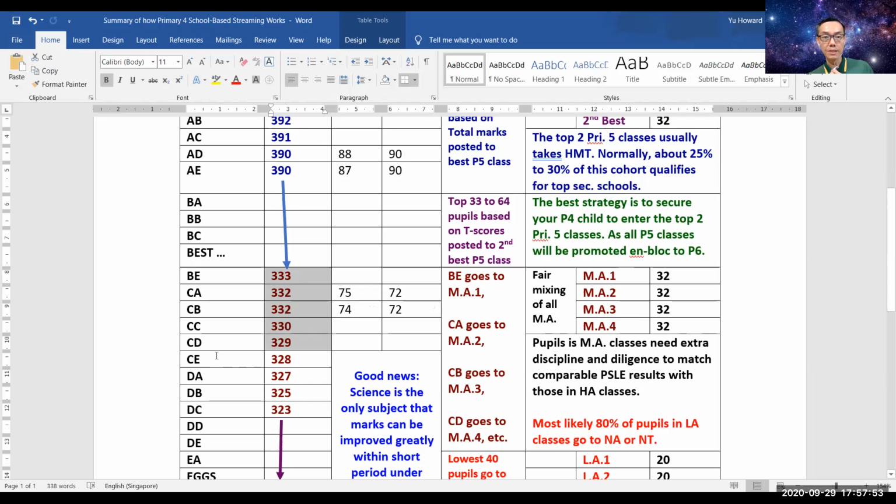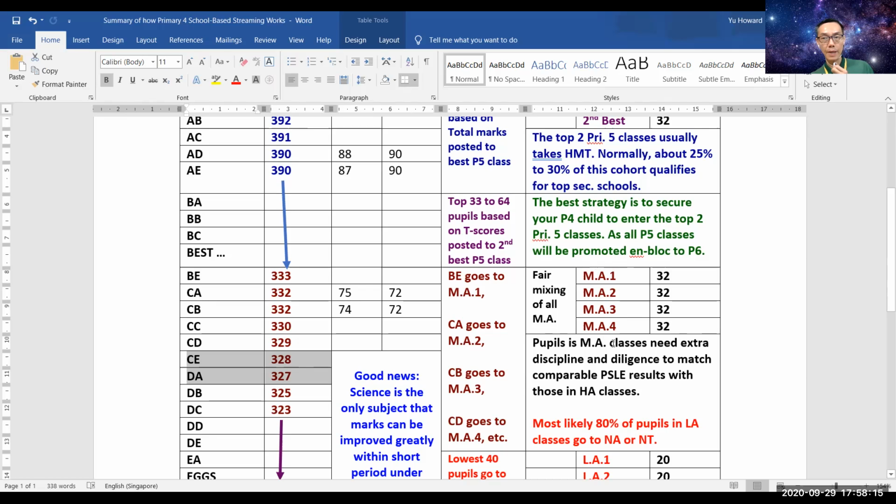Let's say this student, CE, and DA. It depends on how the school wants to follow the pattern of slotting in or promoting the students. The next lowest score is 328. Usually they may follow the order 1, 2, 3, 4, and then 1, 2, 3, 4 again.